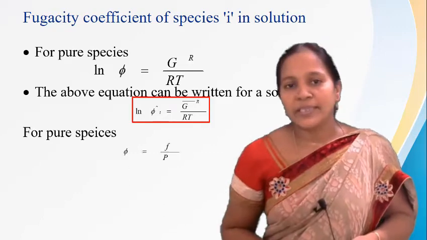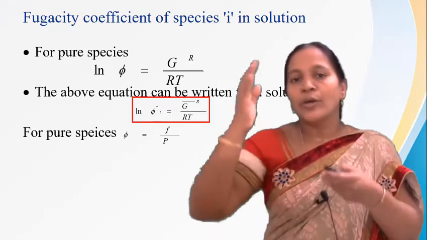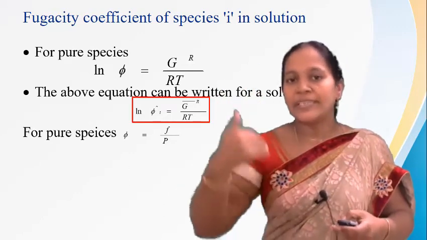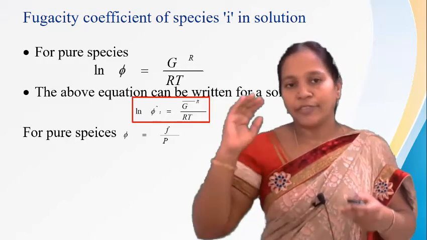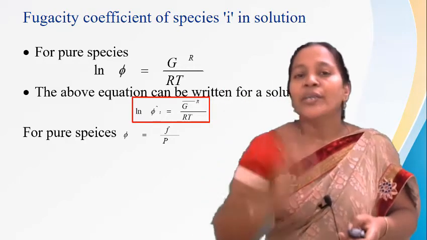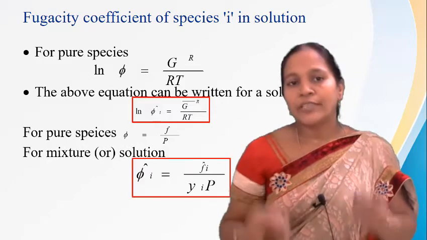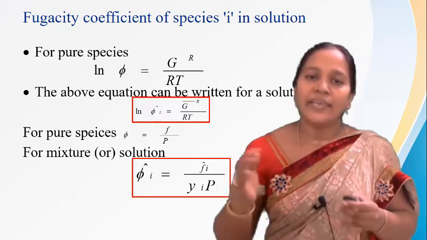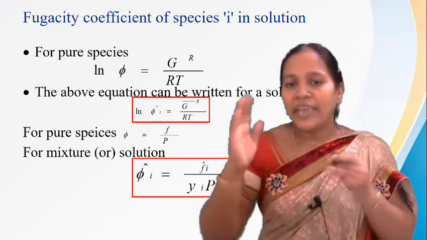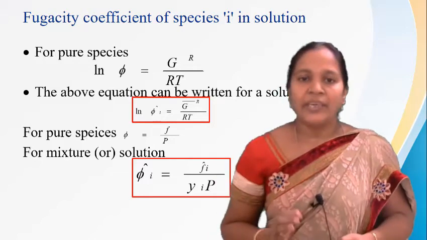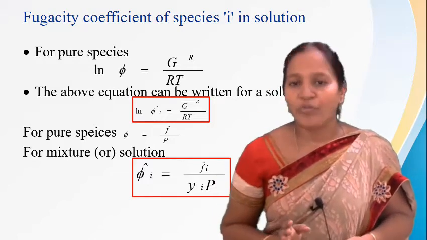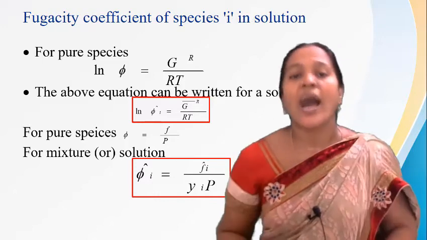For pure species, phi is equal to f by P. Previously, we derived that fugacity coefficient is equal to f by P. For solution or mixture, phi i cap is equal to f i cap by yi P. Here yi is the mole fraction of species i.